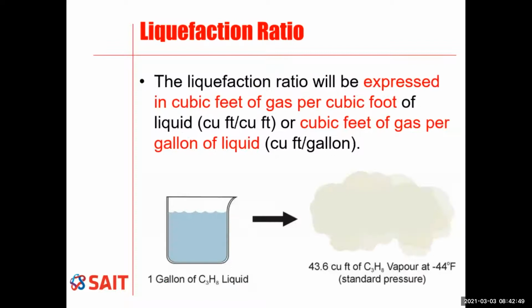The next slide. This liquefaction ratio is expressed in cubic feet of gas per volume of liquid. So 1 gallon of C3H8 in this little container will expand to 43.6 cubic feet of vapor.